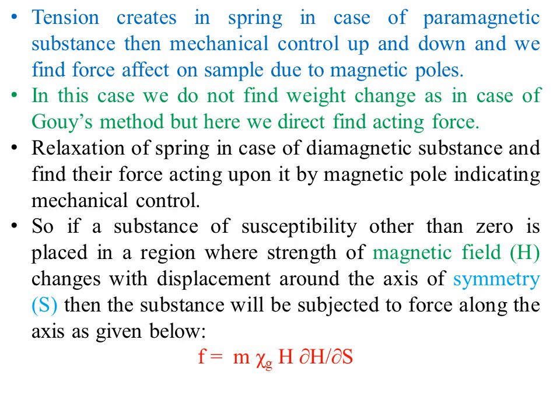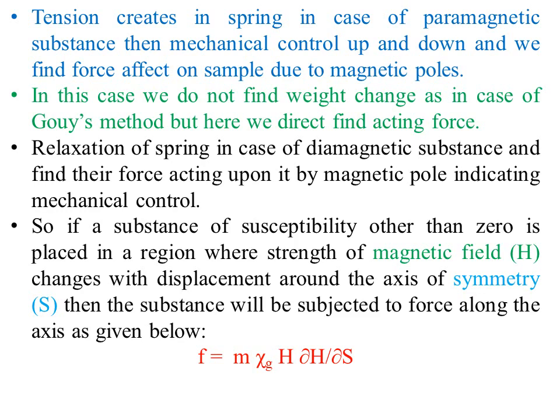In Gouy's method, we have a simple chemical or analytical balance, and we place some small weights on the right pan of the balance to observe any weight change. But in this case, we have a mechanical control or scale, and the needle moves up and down, and the scale attached to the needle tells us about the change in weight.